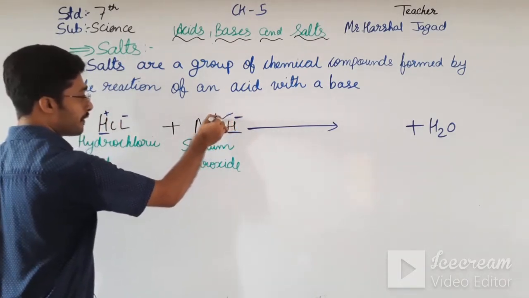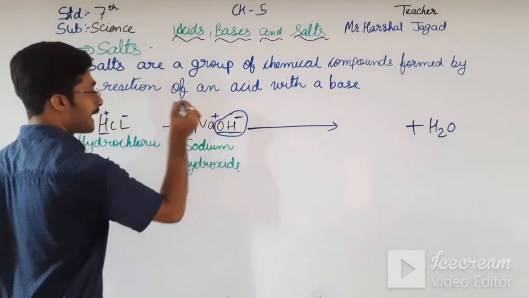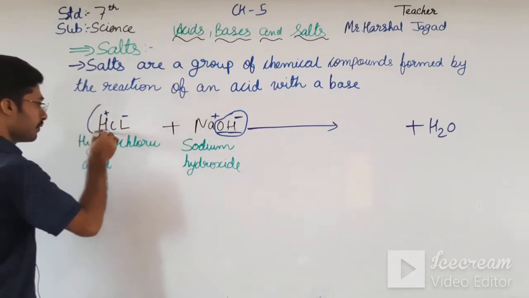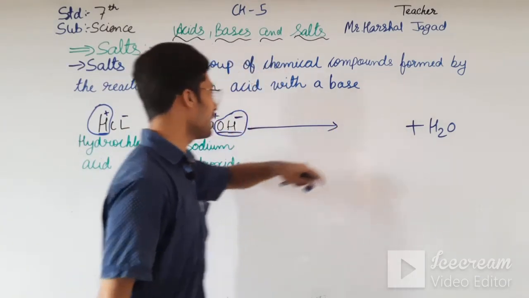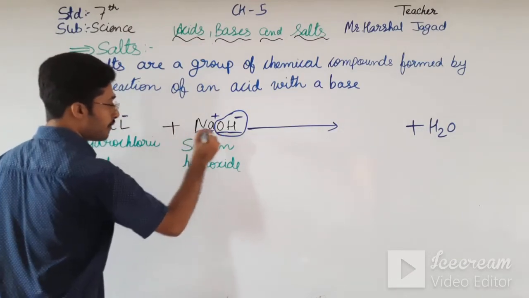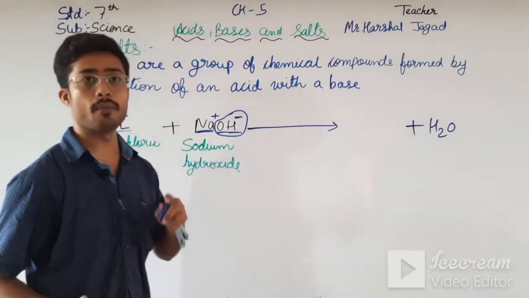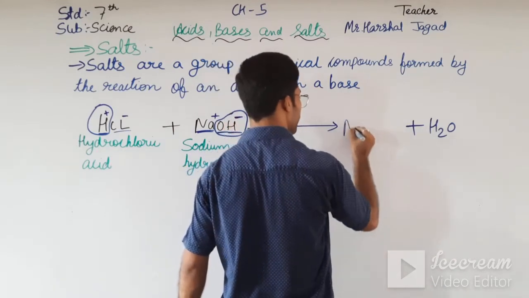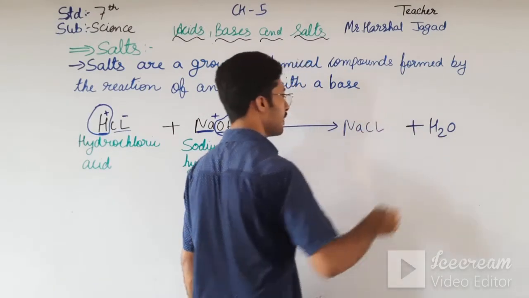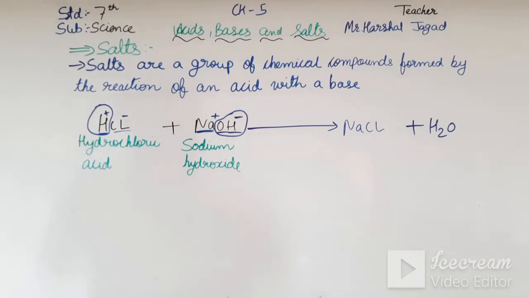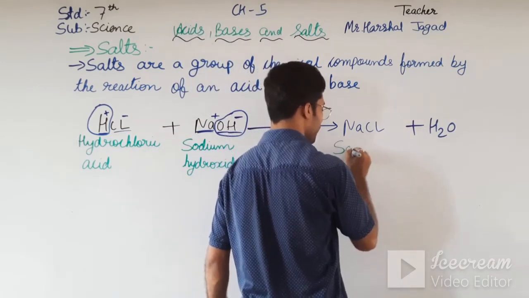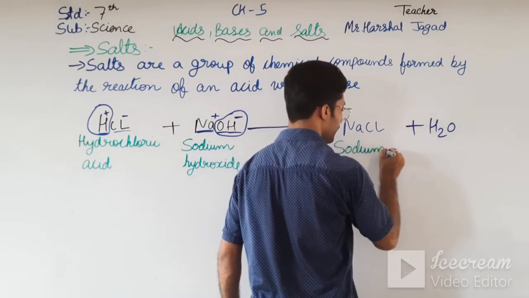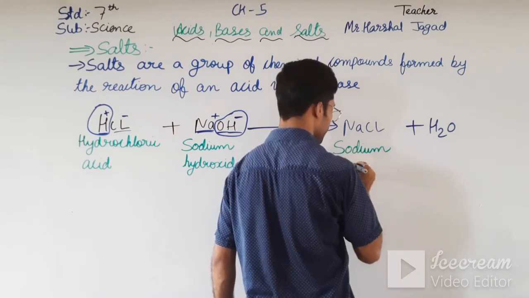This negative and positive just form water over here, and now this positive and this negative will form a salt, that is NaCl. Okay students, that is NaCl, which is known as sodium chloride.